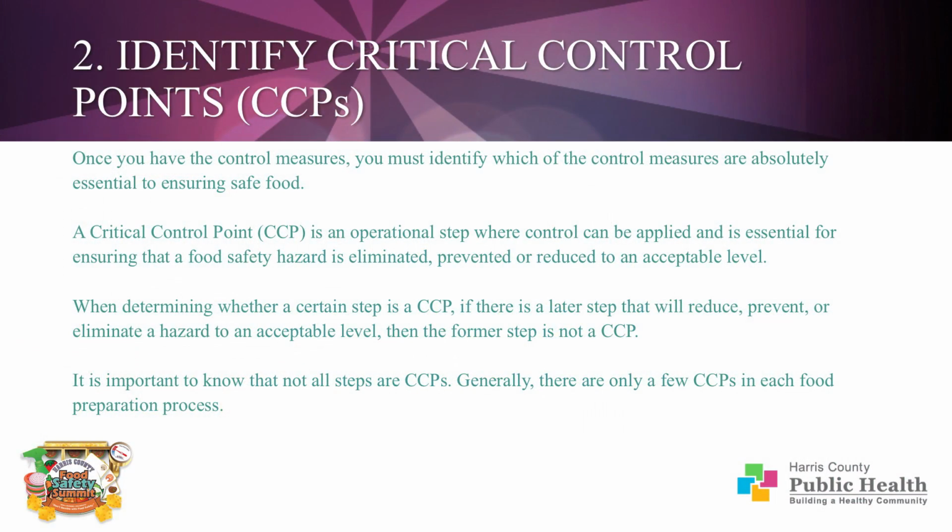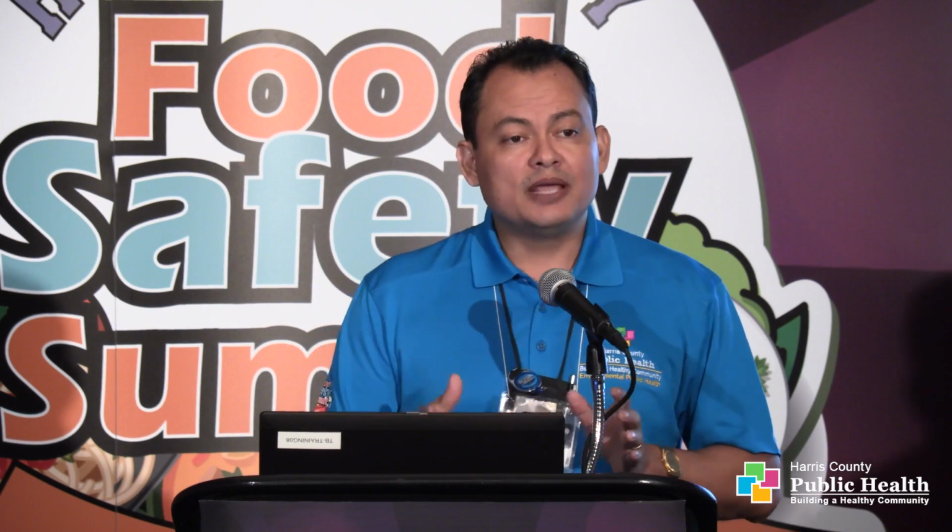But you have to look at the whole process. Why? Because a critical control point is really an operational step where you can apply a control. If there's nothing you can do about it, then it's not going to be a critical control point. Now, but also keep in mind that there may be a step later on that is probably more important than the one previous to that.